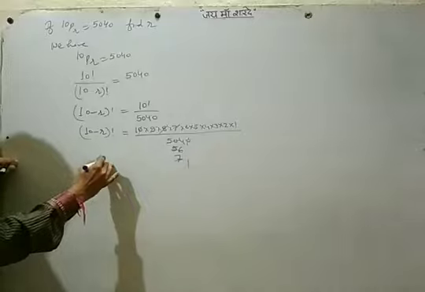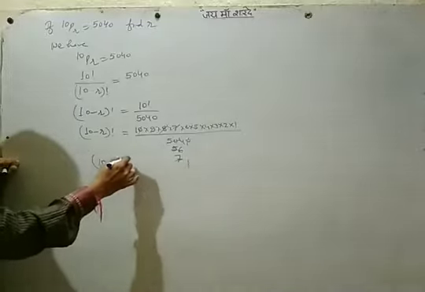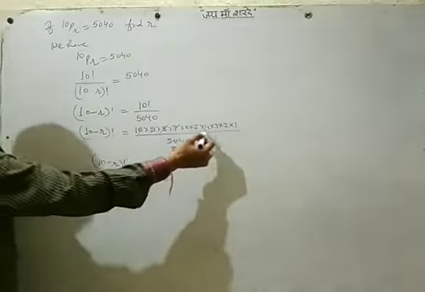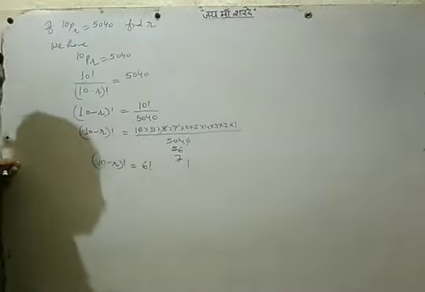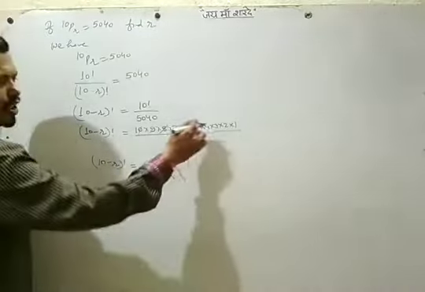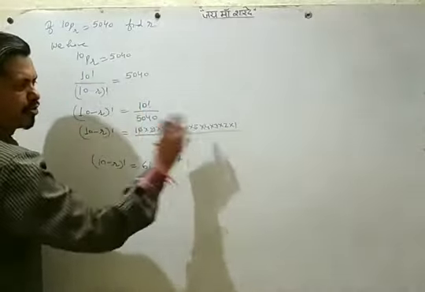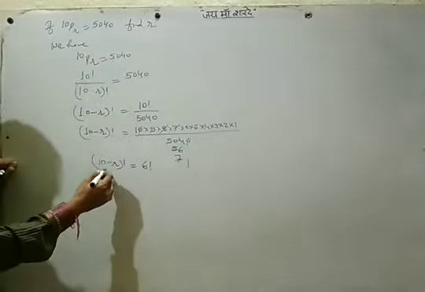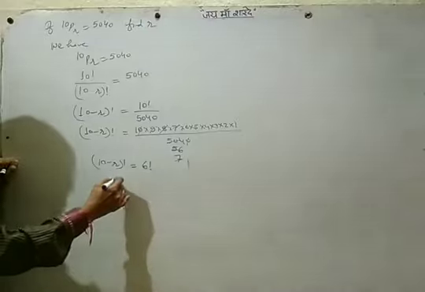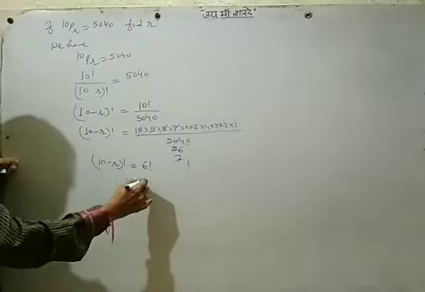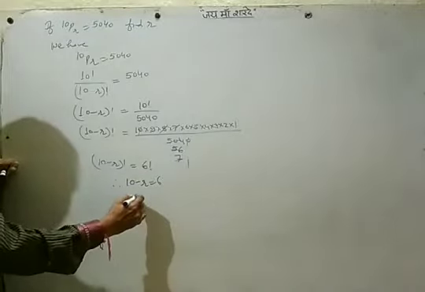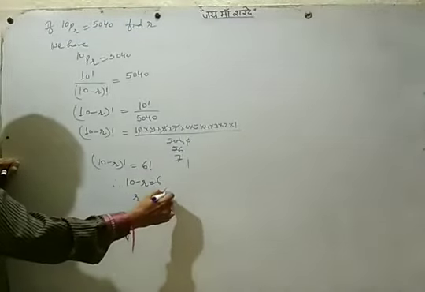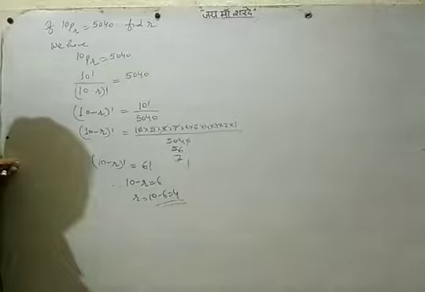So (10 minus r) factorial is equal to factorial 6. The product of the first 6 numbers, 1 to 6, is factorial 6. Now (10 minus r) factorial is 6 factorial. It means your 10 minus r must be 6, then only it can be equal. So r will be 10 minus 6, that is 4.